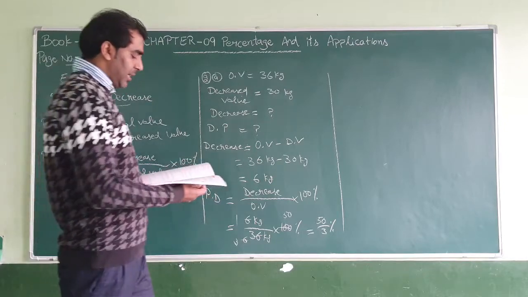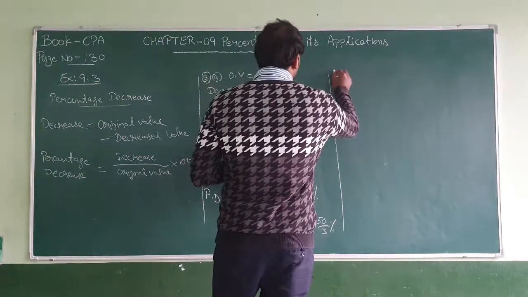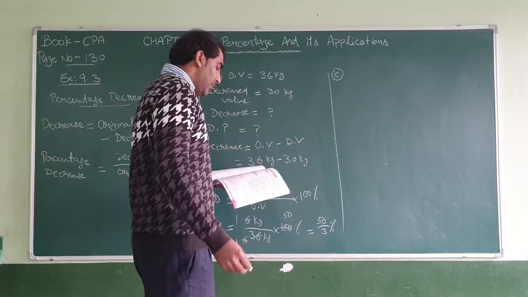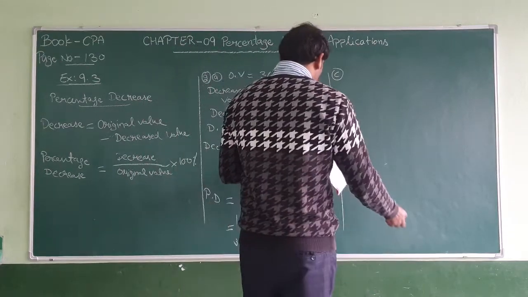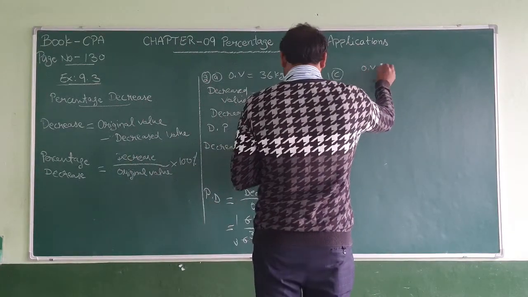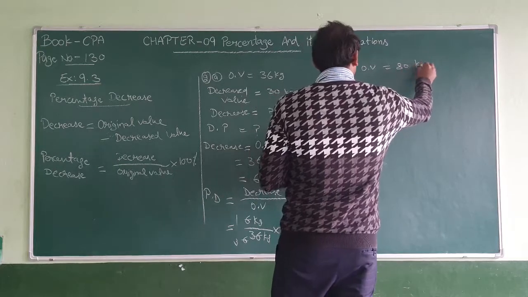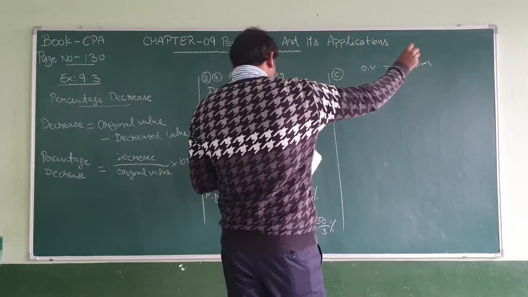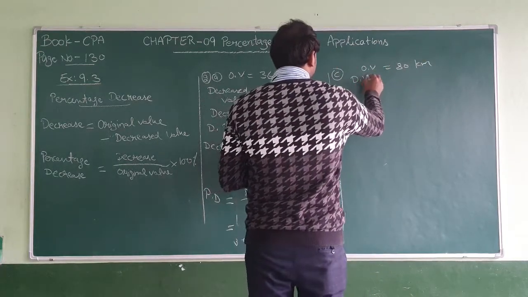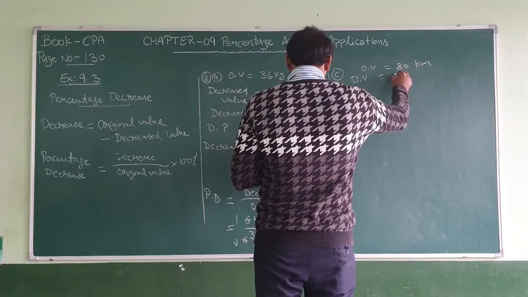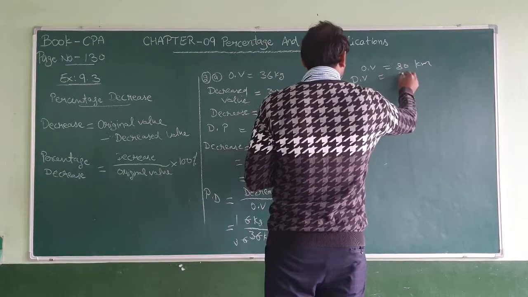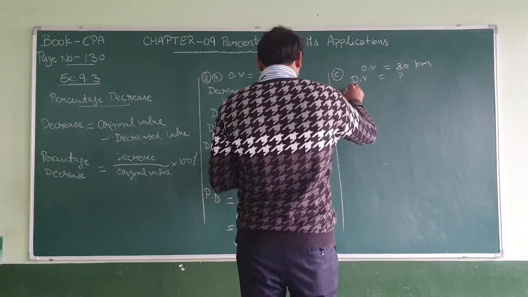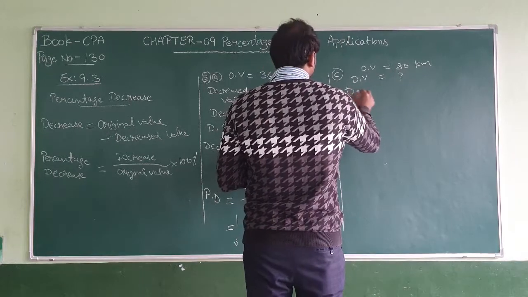Now question number C. The C part is different. We have original value is 80 km. Decreased value is nothing. Decrease is also nothing.